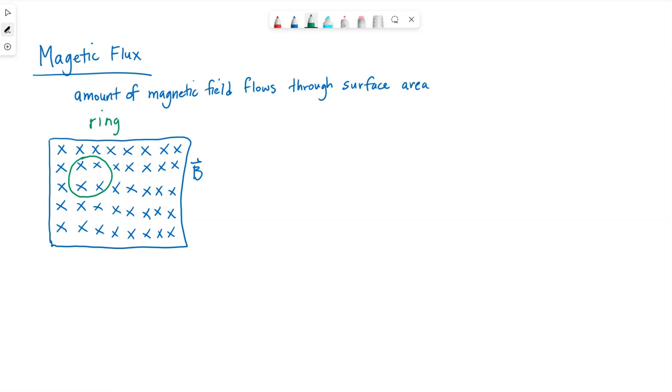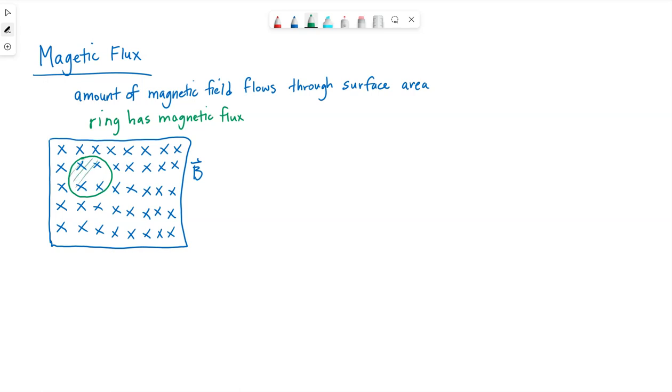The ring has magnetic flux. It has magnetic flux because there are magnetic field lines that are passing through that area.